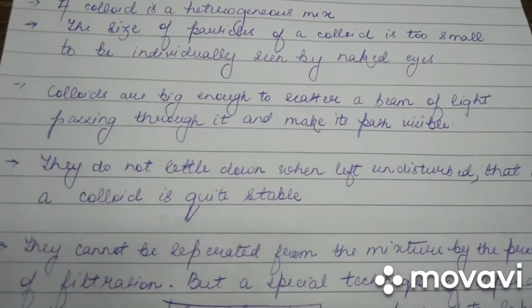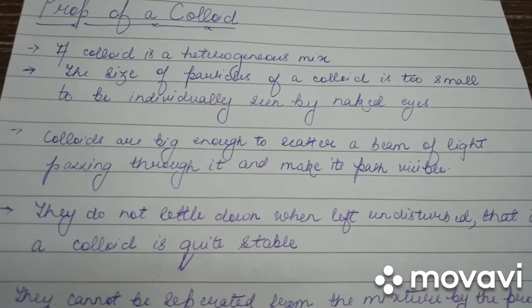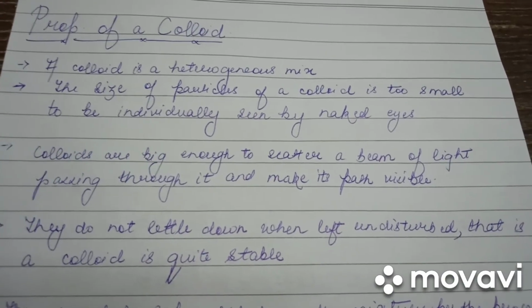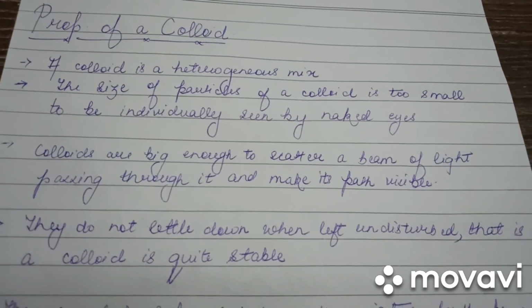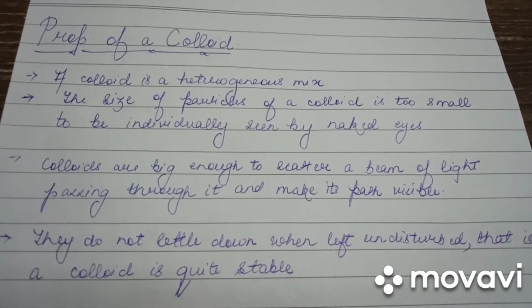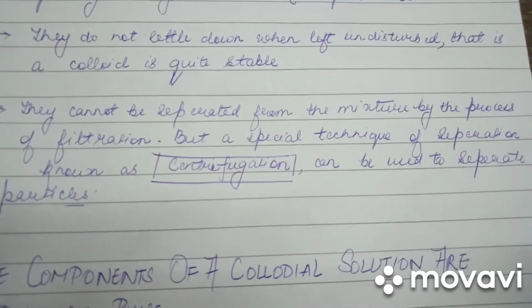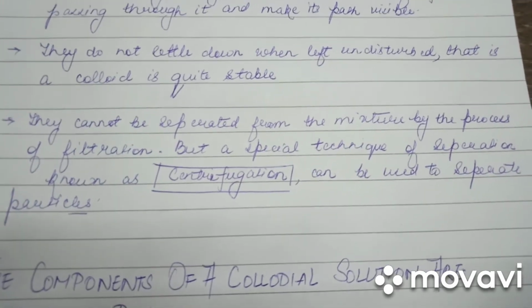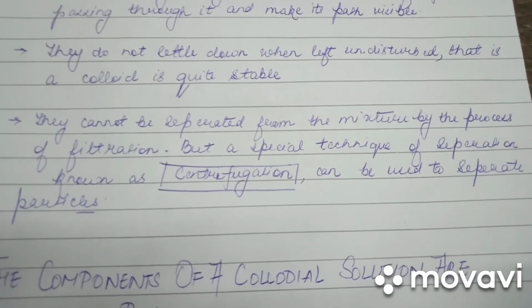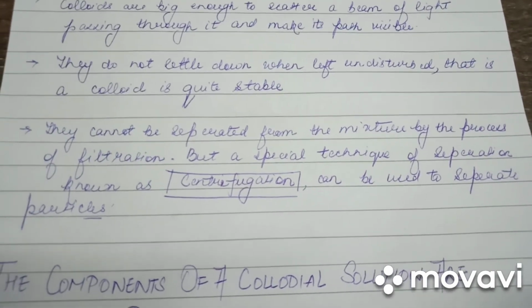They do not settle down when left undisturbed, that is, a colloid is quite stable, as opposed to a suspension, in which the particles settle down when left undisturbed. They cannot be separated from the mixture by the process of filtration, but a special technique of separation known as centrifugation can be used to separate the particles.